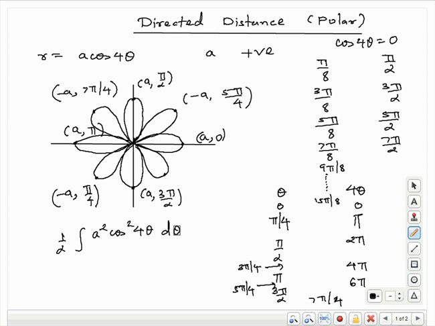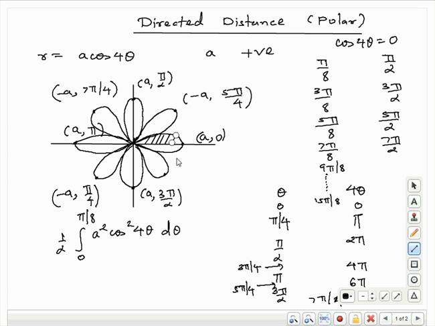Zero to something does not look like a good idea to me. No loop starts from 0. Theta 0, if you say half of loop, yes. So if you want to say 0, then you should say 0 to pi by 8, but 0 to pi by 8 will be the half of this loop, which I am going to shade right now. In fact, I am shading only the half.